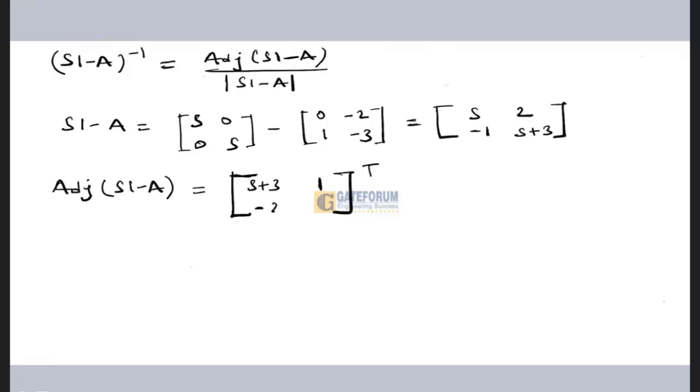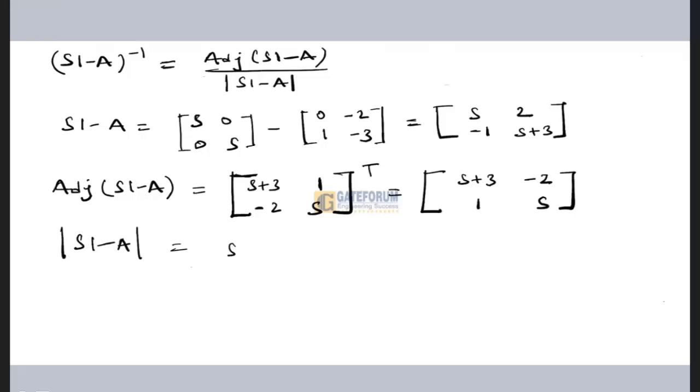And cofactor of s plus 3 is s. So if you take cofactor transpose, you will get s plus 3, minus 2, 1, s. And what is the determinant of sI minus A? That will be s into s plus 3 minus of minus 2, that is plus 2. So s square plus 3s plus 2.